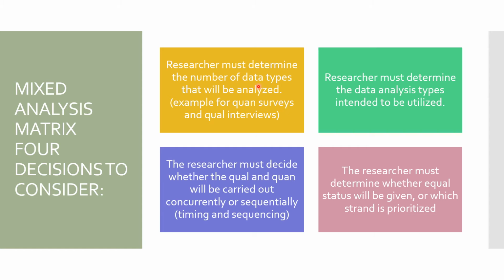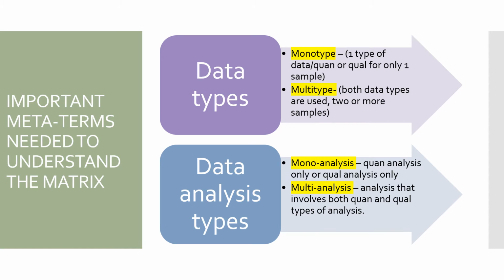So the number of data types. Secondly, the researcher would want to determine the data analysis type that you intend to use. Also, the researcher must decide whether the qual and quant will be carried out concurrently or sequentially. Here we're talking about timing and sequencing. And lastly, the researcher must determine whether equal status will be given or which strand is prioritized.